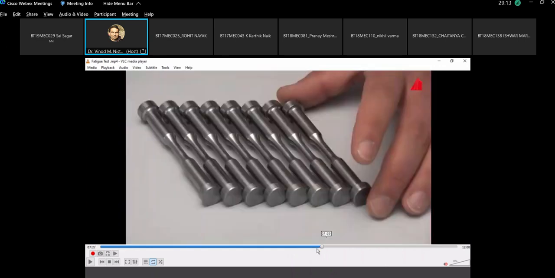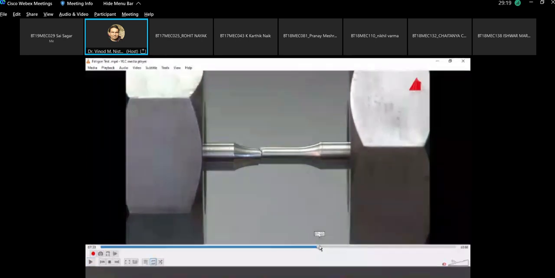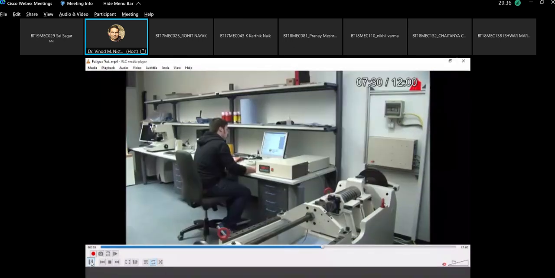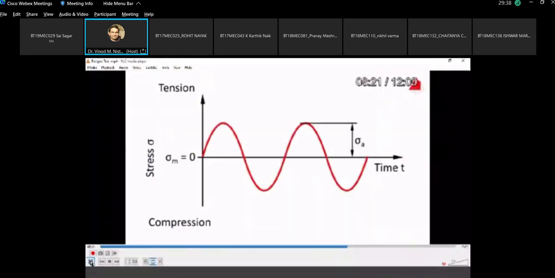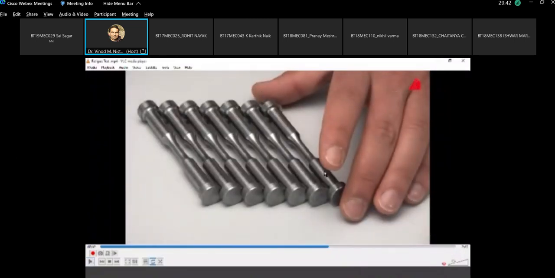From this test, what we get is the number of cycles to failure, how many cycles of the load we apply to the specimen before it fails. There are n number of specimens they are testing in the lab, of the same material.